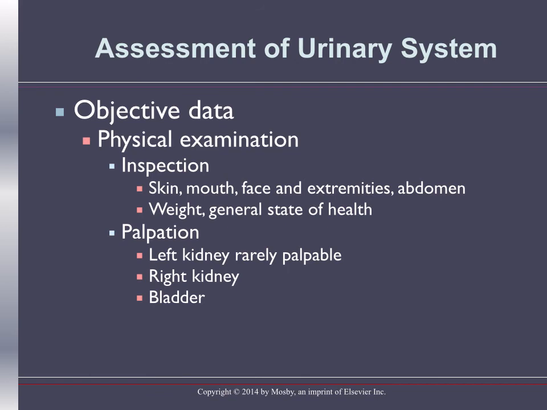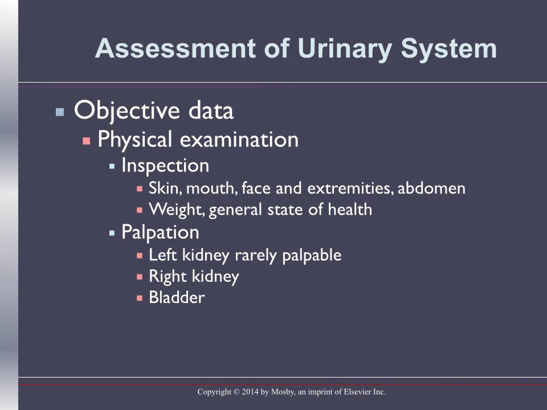So anytime you have to do an examination of the kidneys using palpation, we are looking at something called CVA, which is the costovertebral angle. You'll see it in the following slide. So that's a landmark to assess the kidney function.